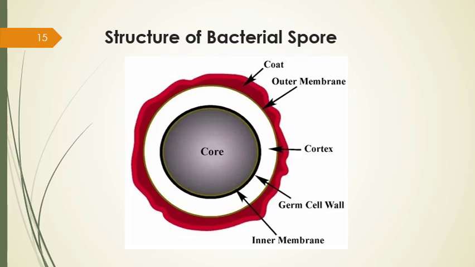The cortex consists of peptidoglycans and is present beneath the spore coat, and you can see it in the picture. The core wall lies beneath the cortex and surrounds the core of the endospore. The core contains the spore chromosomal DNA, which is encased in chromatin-like proteins known as small acid-soluble spore proteins.